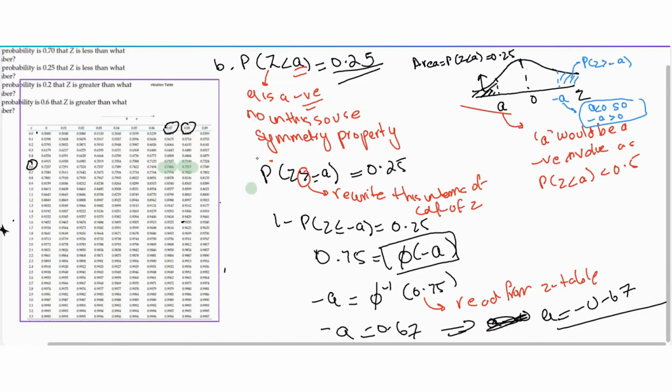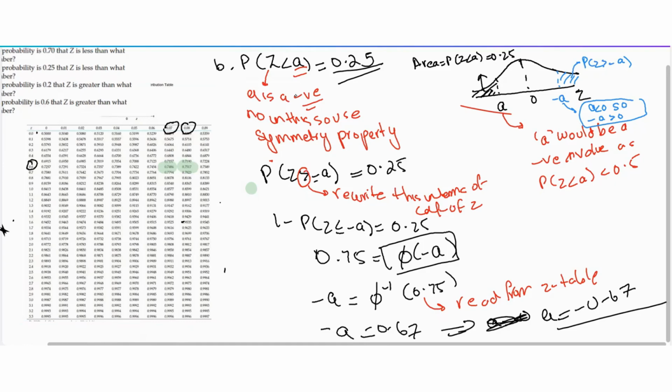If it's not present, you see what two values it lies between. If it's equidistant from both values, if its difference from both is the same, then you take an average of the associated Z values. If it's closer to one than the other, then you take the associated Z value of the one it is closer to. But the first step is always to figure out whether A is a positive value or a negative value.